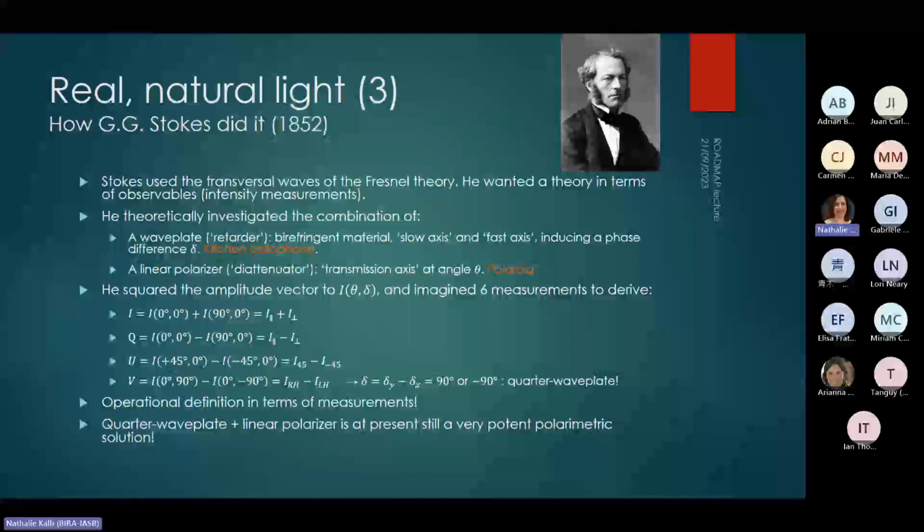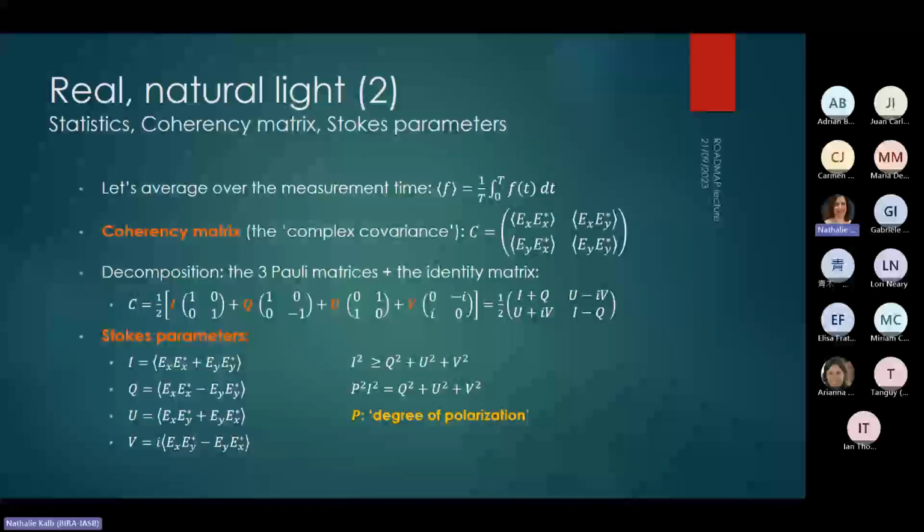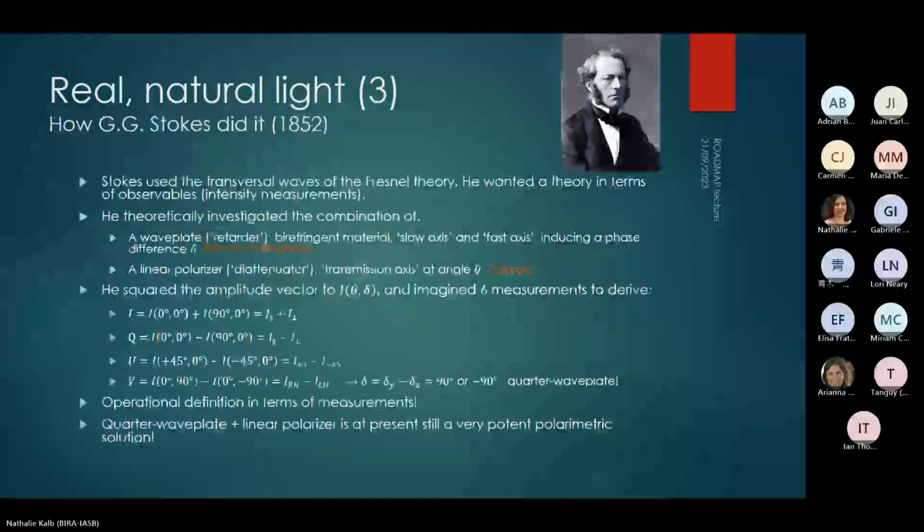Here they are, and you combine them, you take sums and differences, and then you get something that corresponds with this stuff over here. So it's 6 measurements: parallel, perpendicular, 45, minus 45 degrees, right-hand polarization, left-hand polarization.